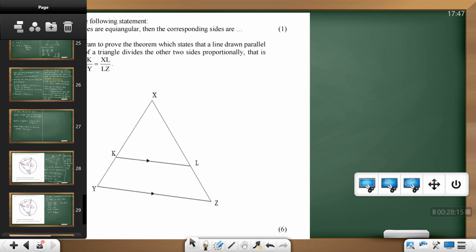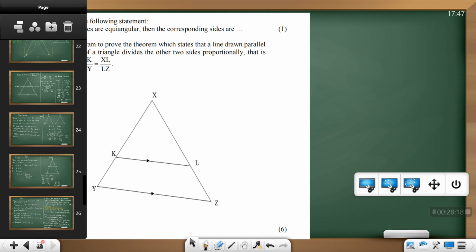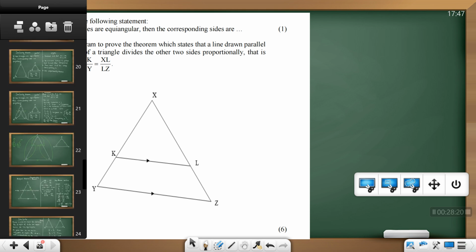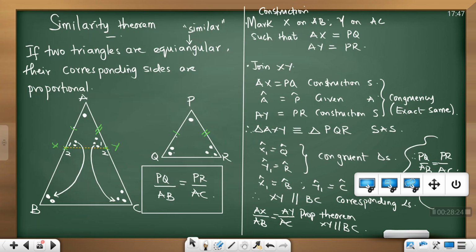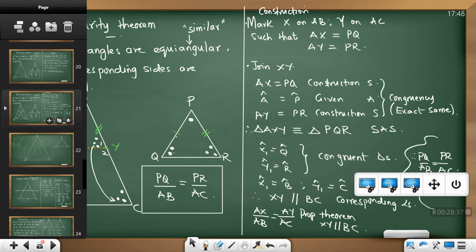That is what? Similarity. Take you back. I like my notes. Look at my similarity theorem. If two triangles are what? Equiangular, their corresponding sides are. So all the 1 mark is under the word what? Proportional. You get that 1 mark.